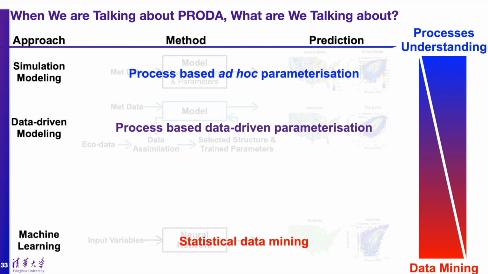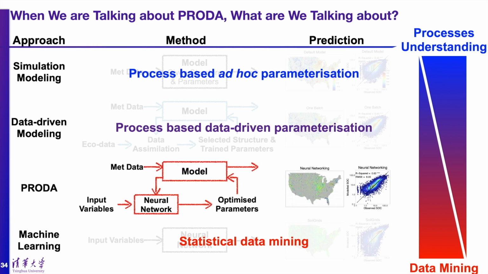On the basis of traditional simulation modeling, we are now using data to infer the parameter values. But soon we found that for simulation at the continental or global scale, conventional data assimilation may not be enough. The spatial heterogeneity of processes in the soil carbon cycle, represented by parameters, should not be overlooked.